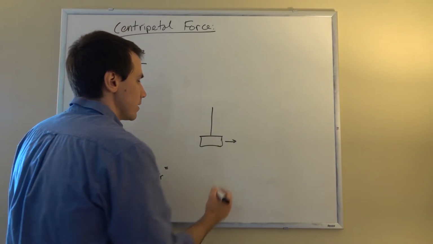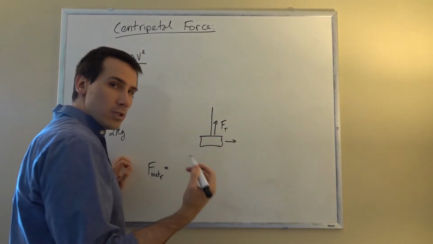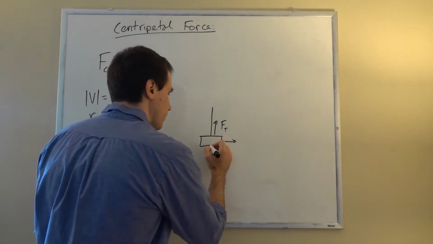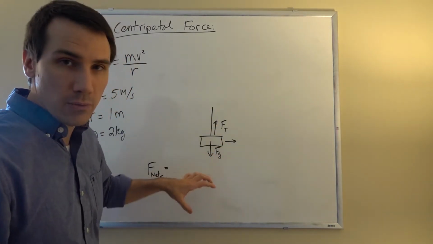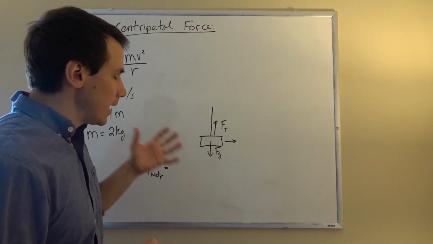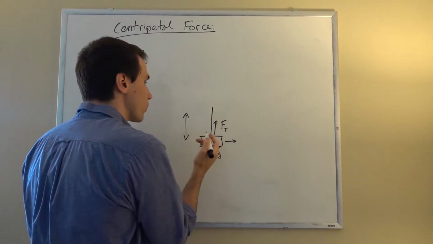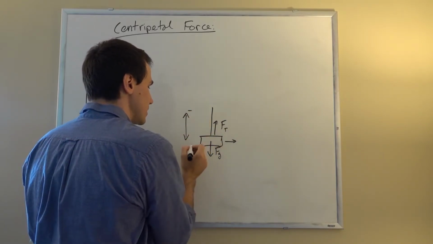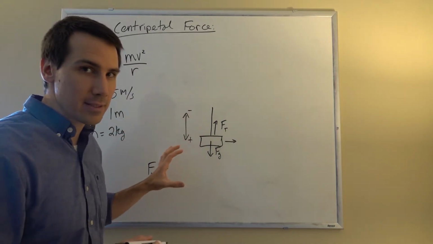Now in this case, our forces are, of course, the force of tension pointing toward the center of the circle and the force of gravity pointing downward away from the circle. I'm going to use the convention that any force that points radially inward is negative, and any force that points radially outward is positive.